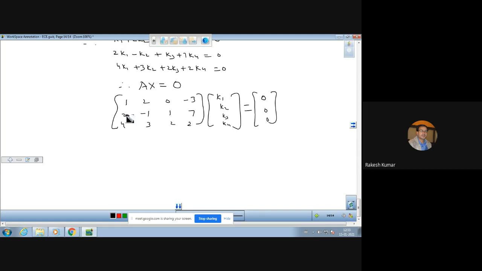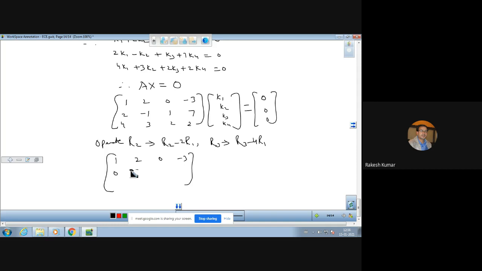Now we can easily make this as 0 and this as 0 by using first row as a pivot row. So we shall operate R2 as R2 minus 2R1 and R3 as R3 minus 4R1. So first row will be 1, 2, 0, minus 3.